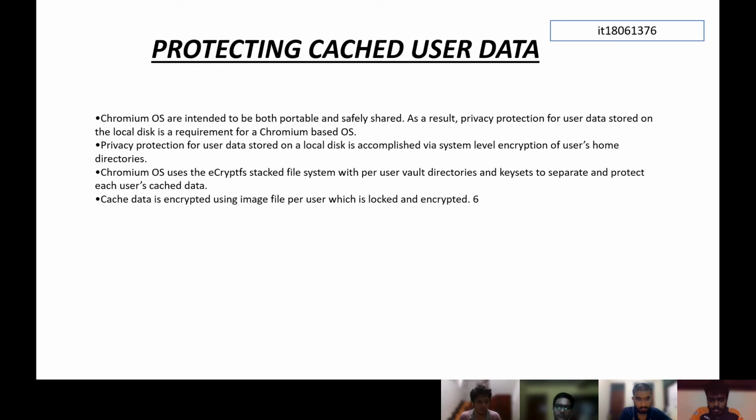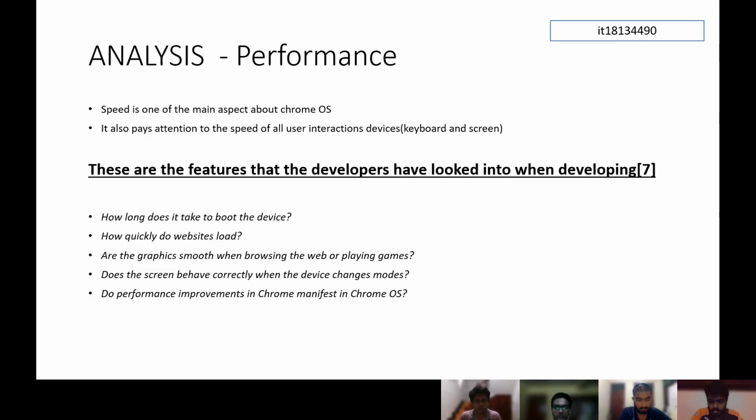Here the Chromium operating system uses the eCryptfs file system, which is a package of disk encryption software used for Linux. It helps to protect each user's cache data. So cache data is encrypted using an image file per user. So all the users are protected.